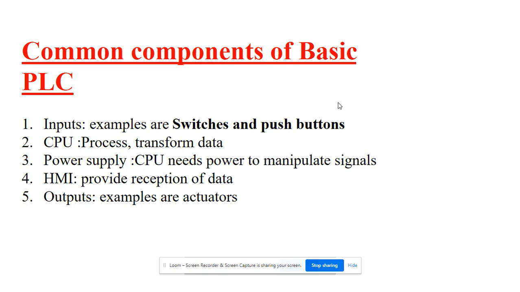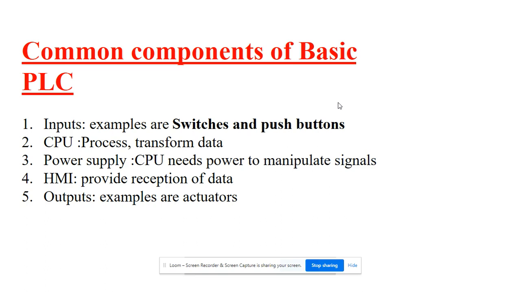Then let's look at the common components of basic PLCs. There are five basic components of programmable logic controllers. These are the input. Examples are switches and push buttons. You can name the rest. The other one is the CPU.